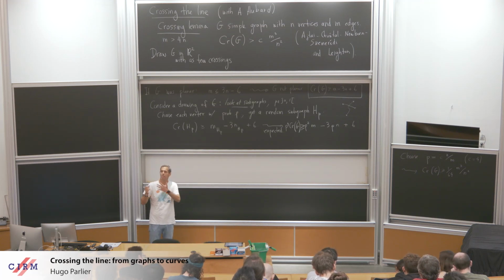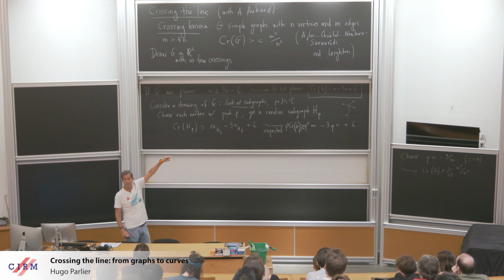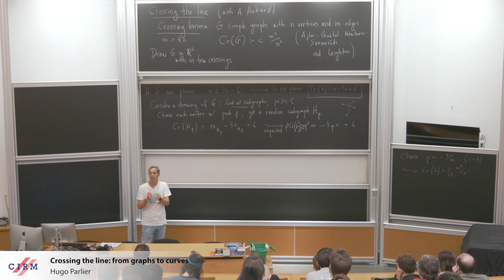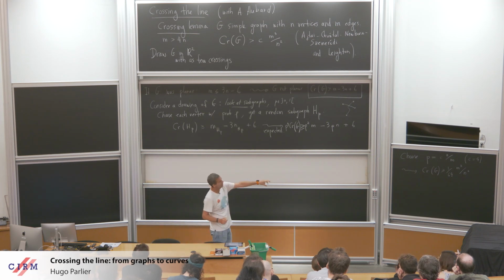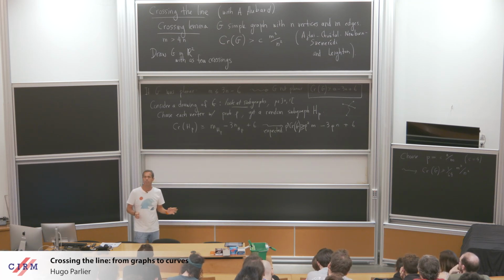Then you have to put some other condition on your number of vertices compared to your number of edges, and so on and so forth. So there's different optimizations you can do here. But all in all, they're always going to give you some positive constant times m cubed divided by n squared. And there's different refinements of this.